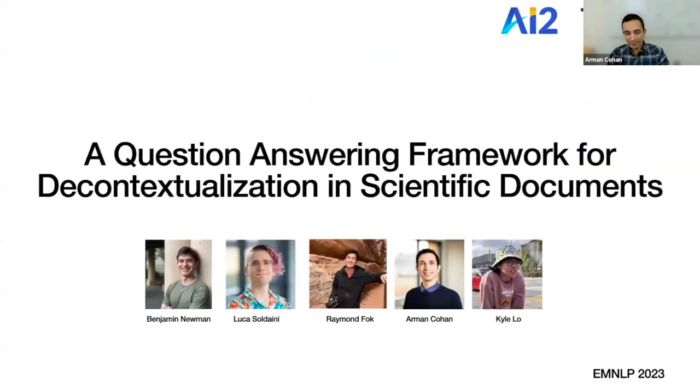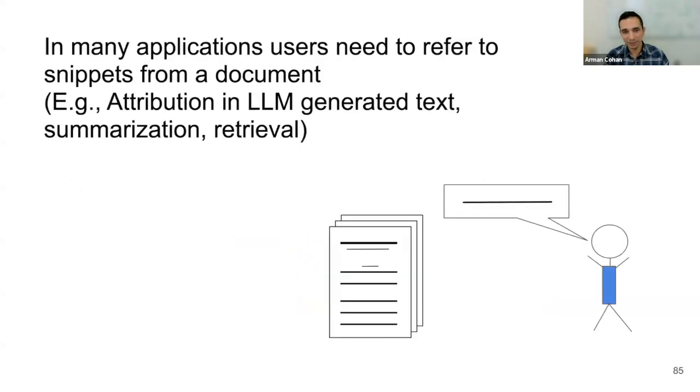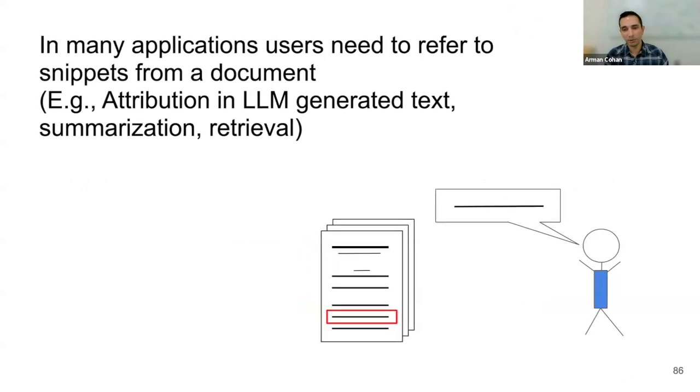So the last part, I want to tell you a little bit about this work that is an attempt to study one task that could also be relevant to multi-document context. This is the task of decontextualization. In many applications, users need to refer to some snippets from a document. This is very helpful for a lot of tasks, for example summarization, retrieval, attribution.